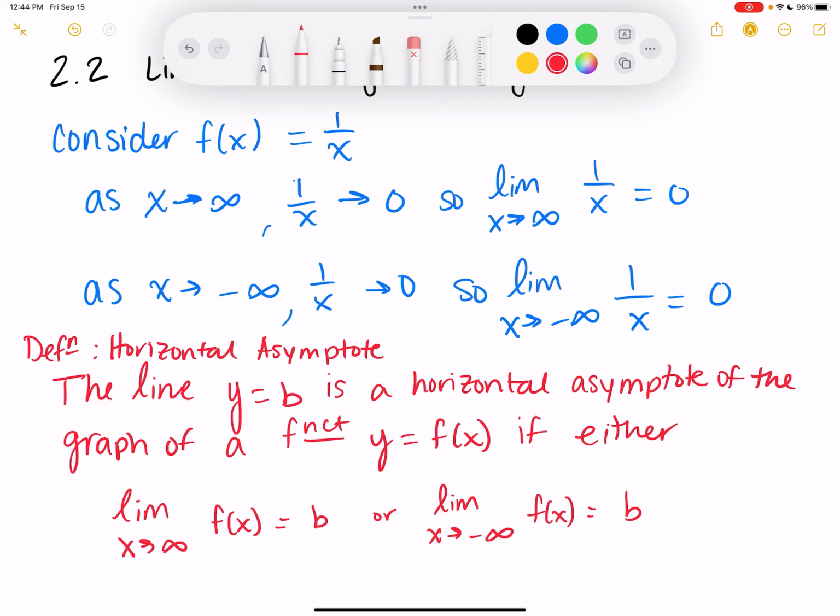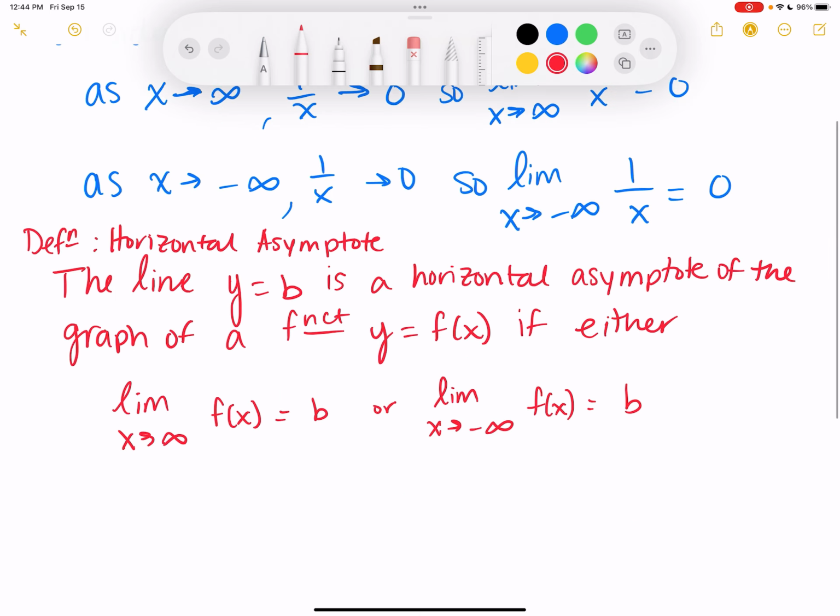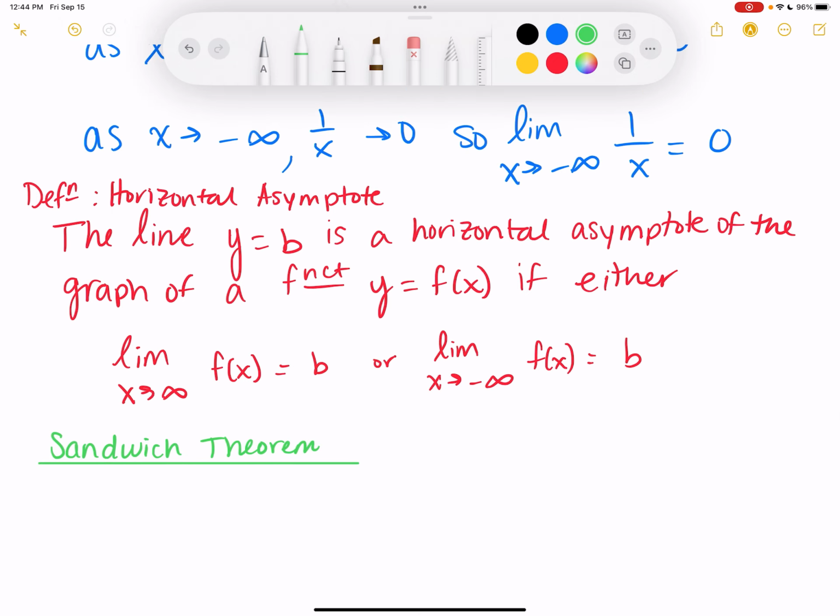So we're going to go back and look at the sandwich theorem briefly. So if we have the limit as x approaches infinity of f of x for f of x being equal to the sine of x over x.